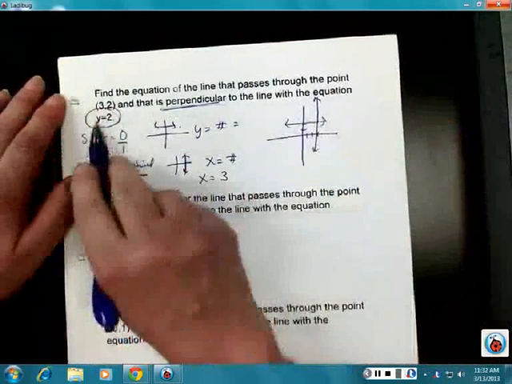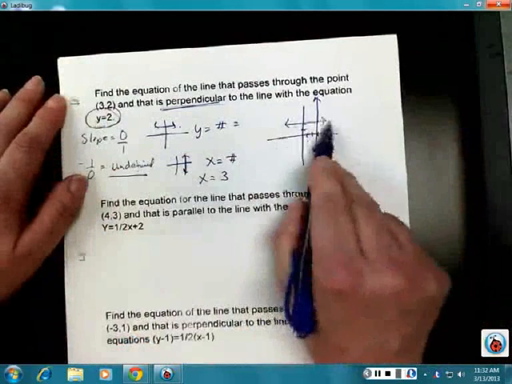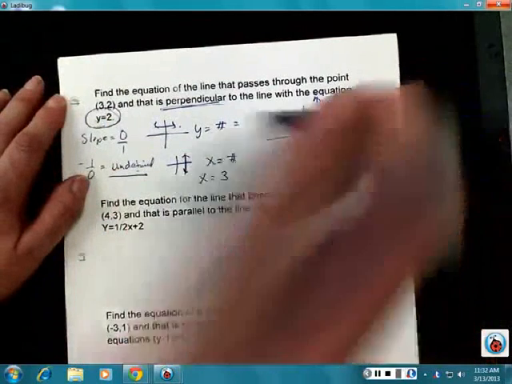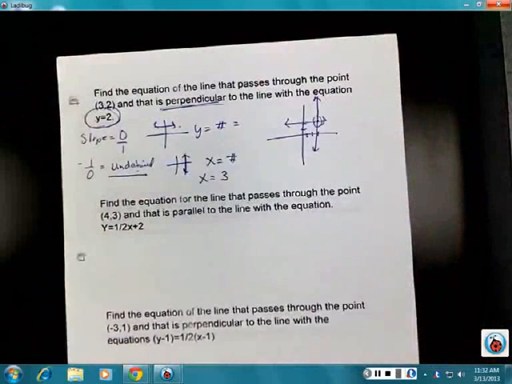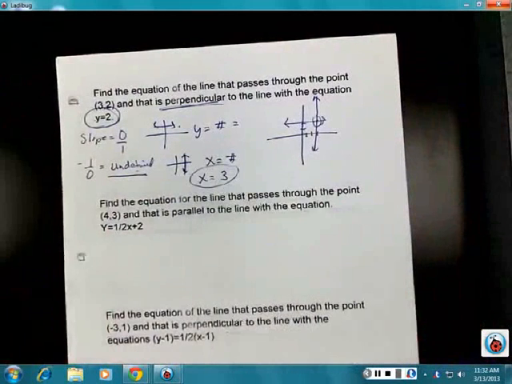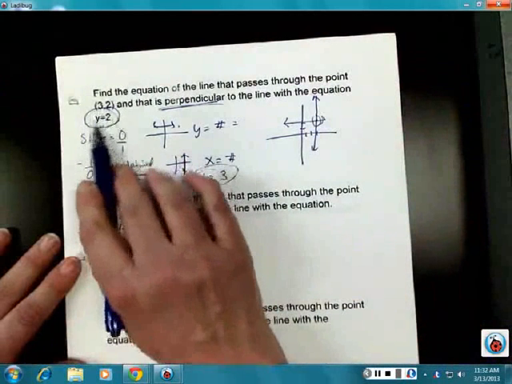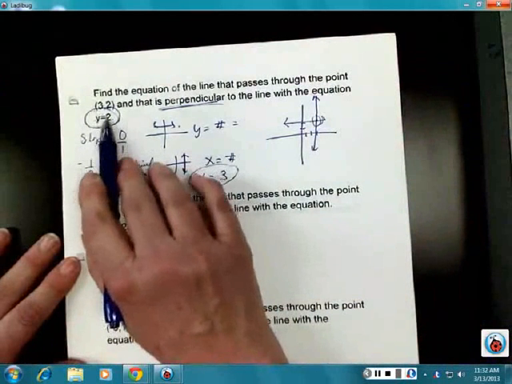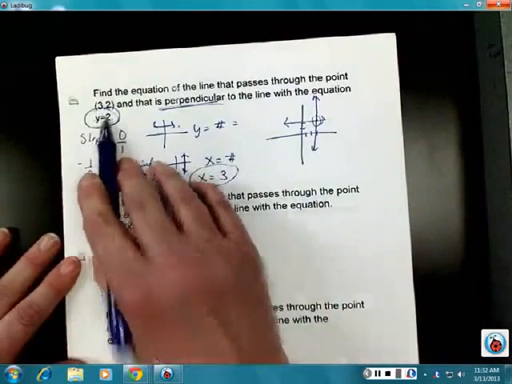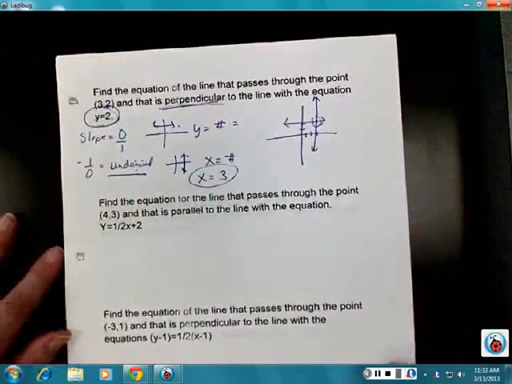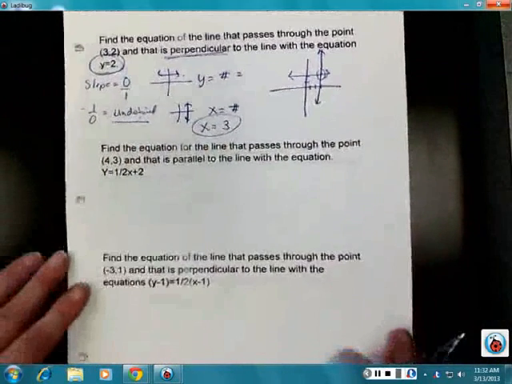Your y is at 2, so it's running through here, but the other one's coming down through that equation. So that's why you get x equals 3. You have to be aware that when there is no x, that's a flat line. Or if they gave you x, then it's a vertical line. So you've got your pieces in there.